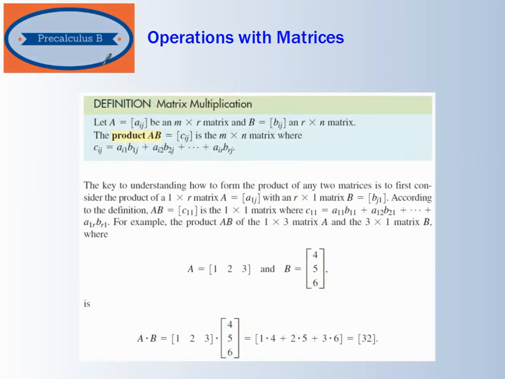When we are going to try to multiply two matrices together, it's a little bit more complicated than multiplying by a scalar or the addition or the subtraction. All right, so there are a couple key things that must be true first.